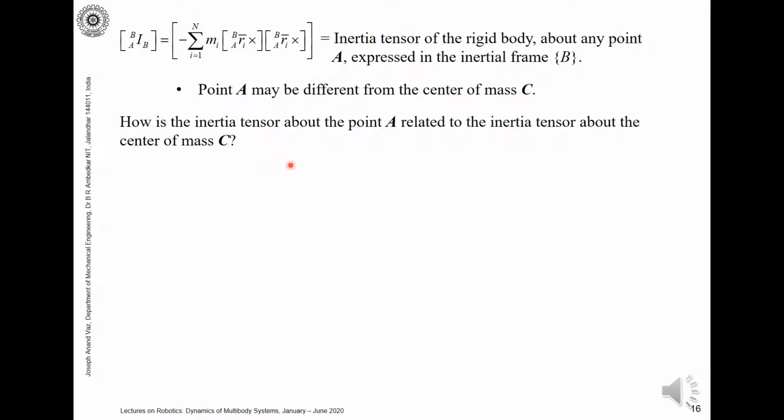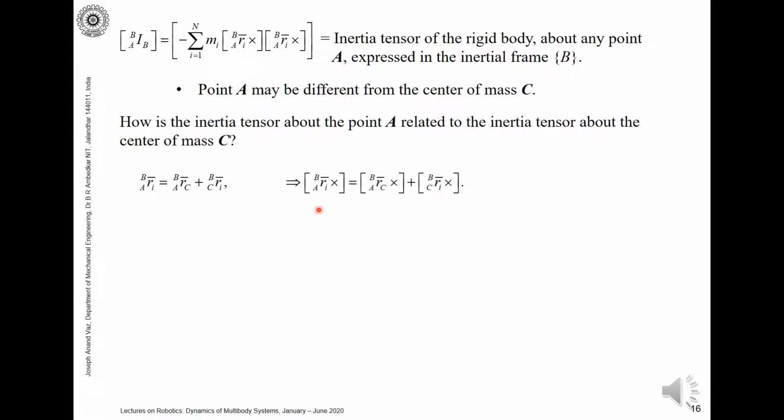The question is, how is the inertia tensor about the point A related to the inertia tensor about the center of mass C? For this, we'll break up the vector R_i with respect to A expressed in the frame B as R_C with respect to A expressed in the frame B plus R_i with respect to C expressed in the frame B. This is just simple vector addition.